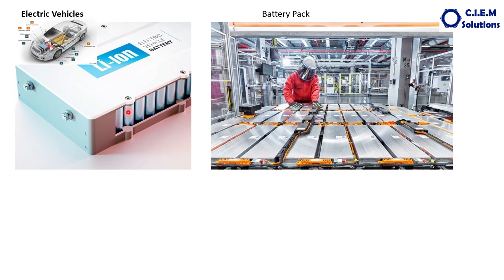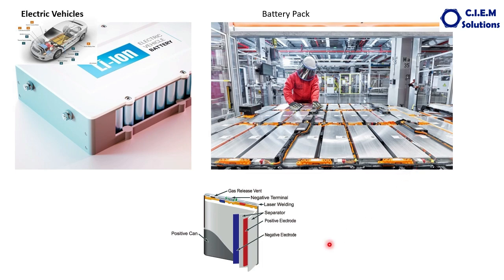The individual cells are connected both in parallel and in series to give a voltage of 300 to 400 volts. This varies from 300 to 400 volts depending upon the vehicle design.